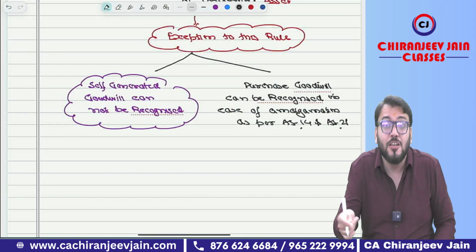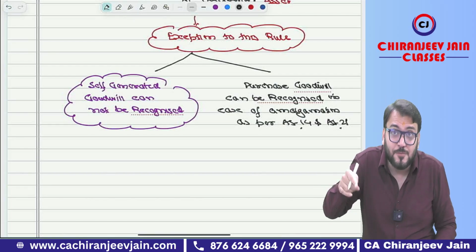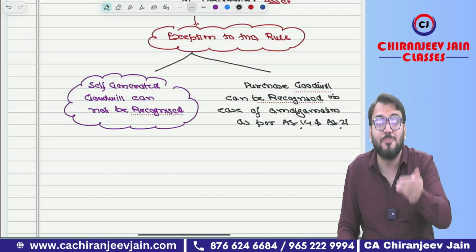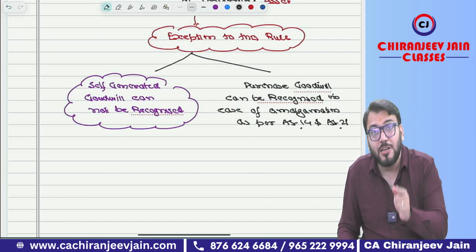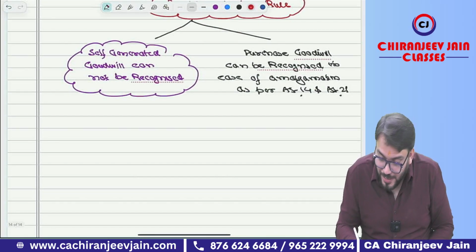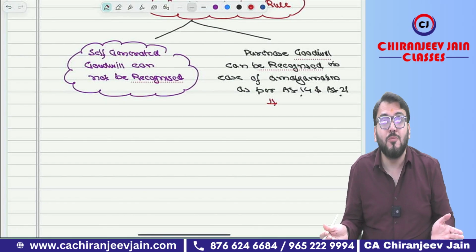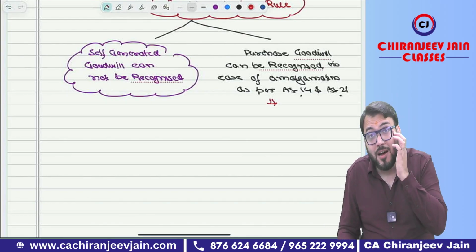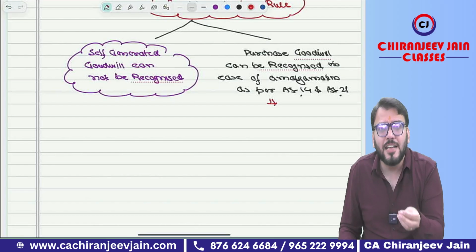There is one exception. In amalgamation, AS14 says because we are acquiring business, with business we also acquire goodwill, and that goodwill will come in the balance sheet. Just try to understand, goodwill is not a tangible asset.